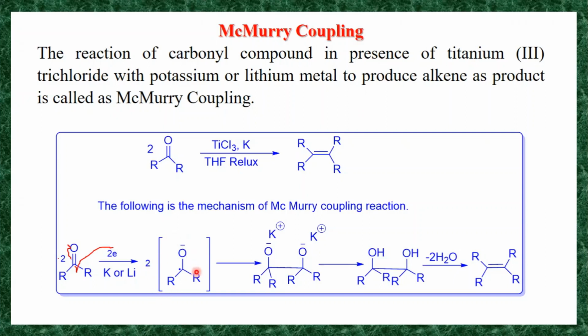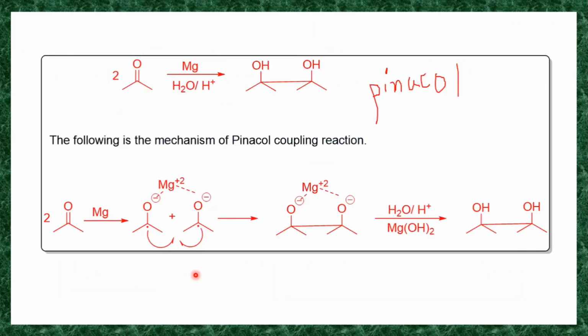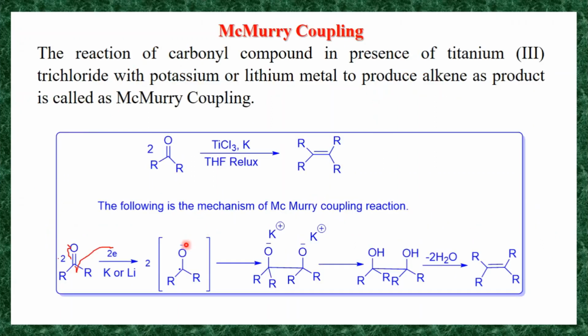So this is your radical anion, the intermediate form in the McMurry coupling reaction. So two radical ions. Then the next step is the coupling of these two radical ions, like this. Homo coupling, and you will get this coupled product.